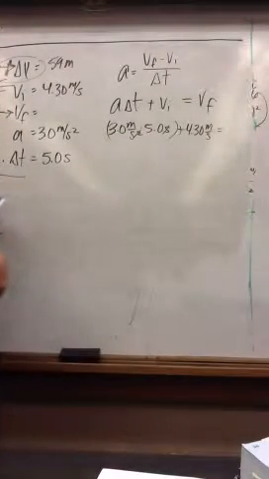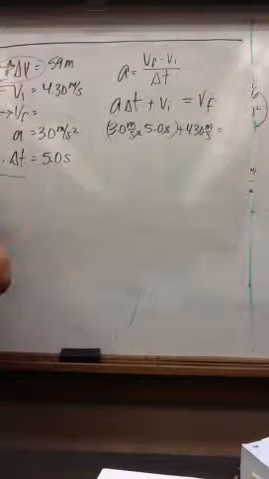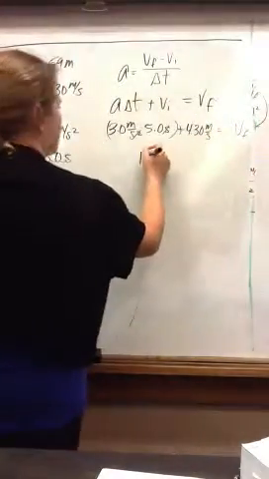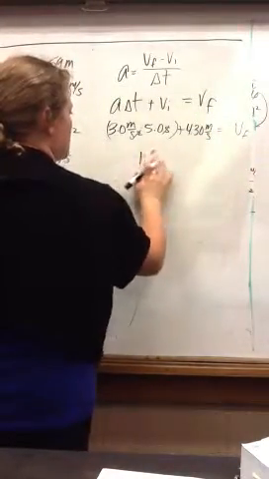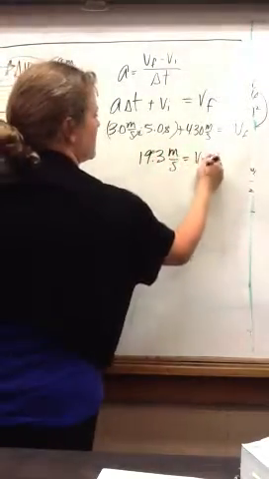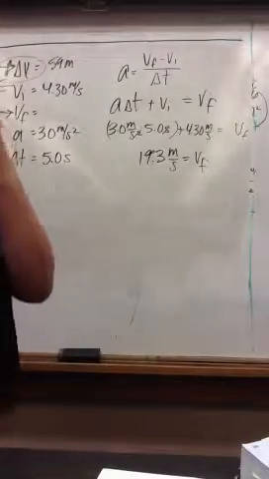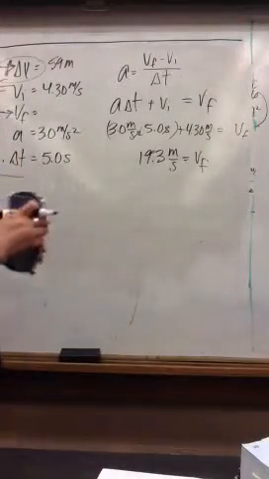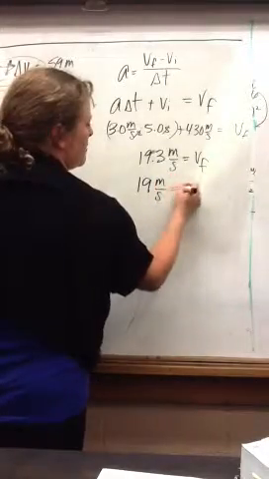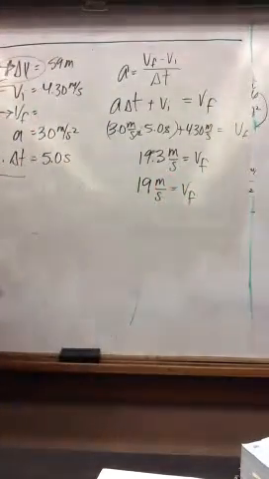That's what we want. We end up with a final velocity, raw number, 19.3 meters per second. And we can have 2 sig figs, so that's going to be 19 meters per second for our final velocity.